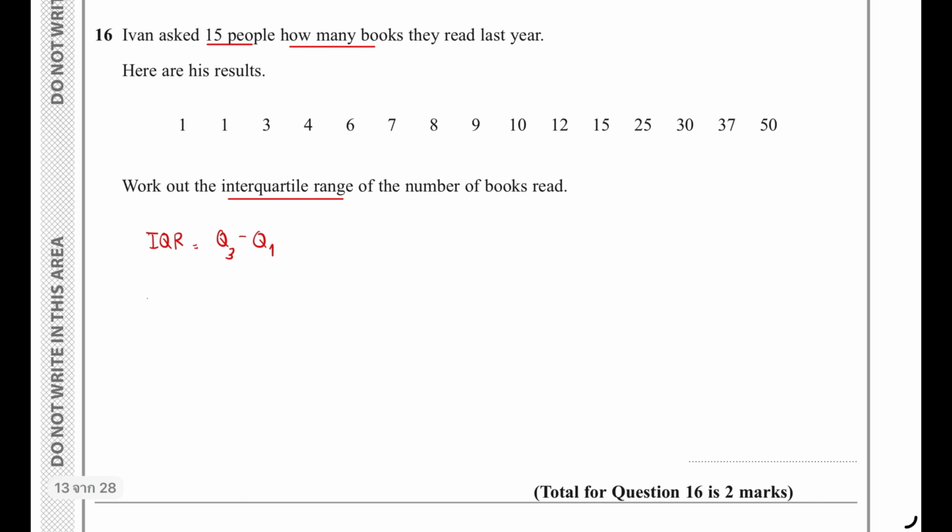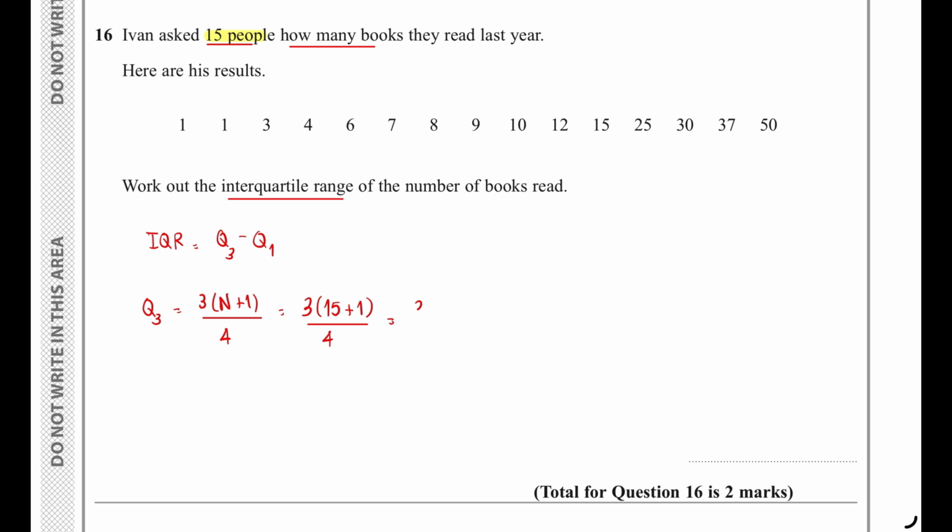So in this case, we have to find the third quartile, which is equal to 3 times n plus 1, divided by 4. So in this case, n equals 15. So we will have 3 times 15 plus 1, divided by 4.